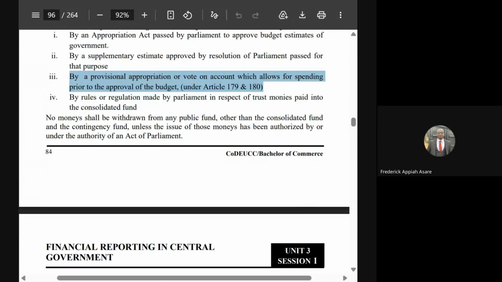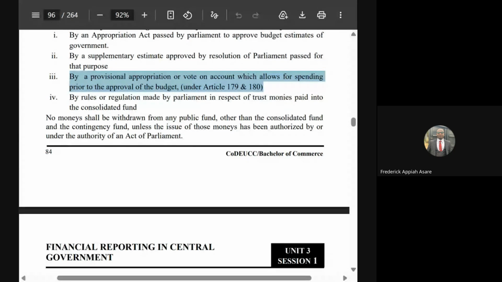When they send the budget to parliament, it might take some days, some weeks, even some months before they approve it, especially when the previous government introduced the e-levy. It took a very long time before it was approved.